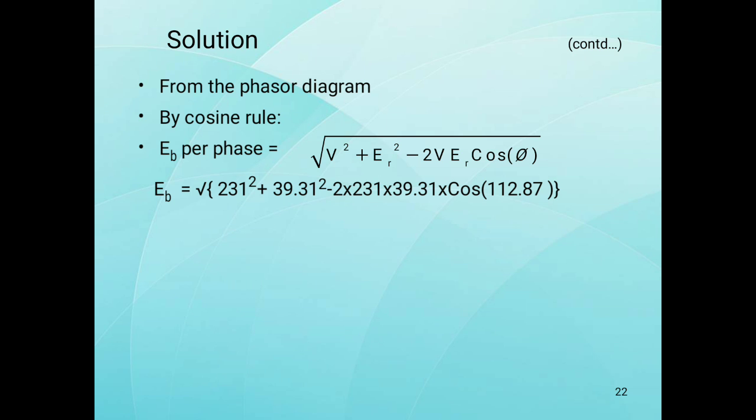So here EB is equal to under root of 231 square plus 39.31 square minus 2 into 231 into 39.31 cos of 112.87, which gives 248.93 volts. The line value of EB is equal to root 3 into 248.93 volts.